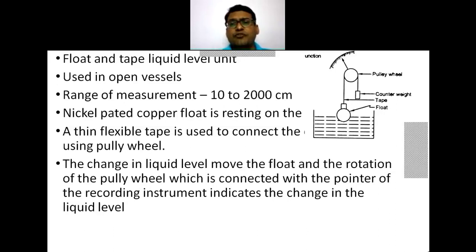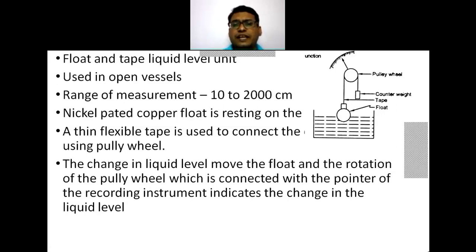The range of measurement for this type is 10 centimeters to 2000 centimeters, a wide range, or you can say up to 20 meters it can be used. The float used can be nickel plated or copper, to prevent corrosion.